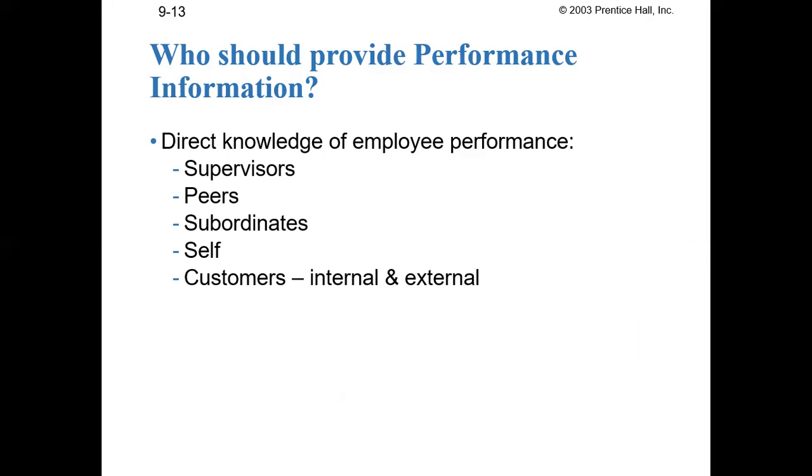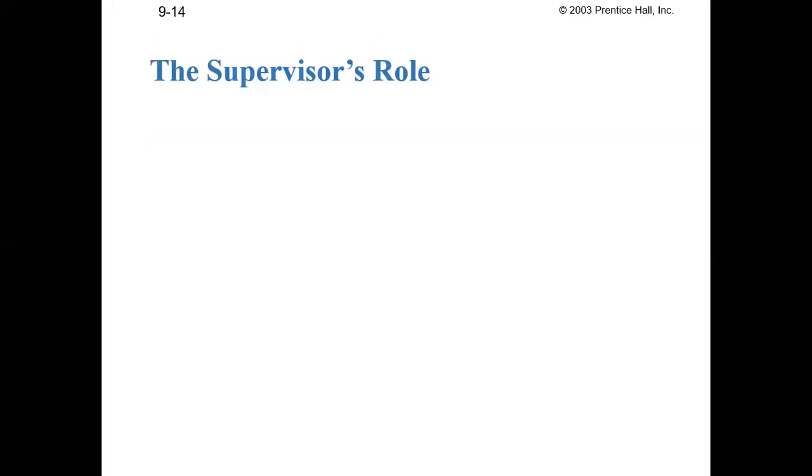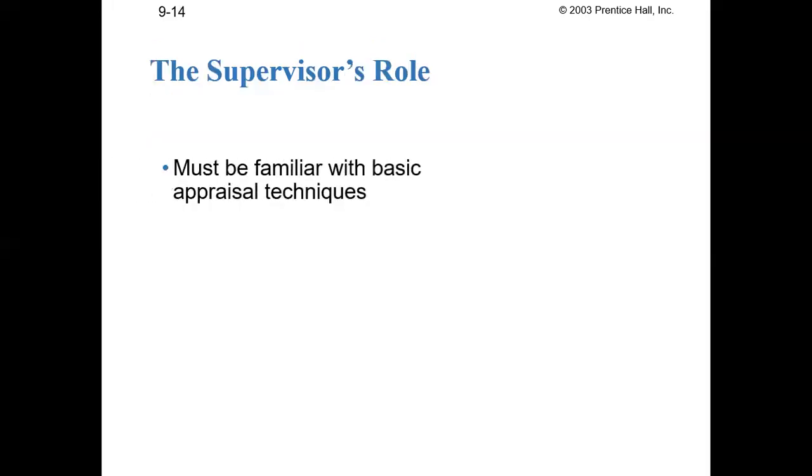Direct knowledge of employee performance can be gotten from the supervisor, like we have said, peers, subordinates, and now the supervisor, to be able to do an effective evaluation or appraisal, must be familiar with basic appraisal techniques. So I think it's also good that the HR will take these supervisors through some sort of training to let them be aware.